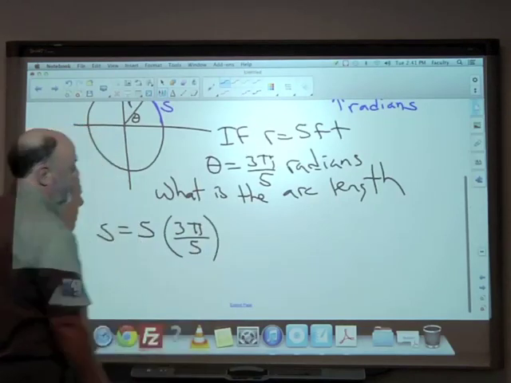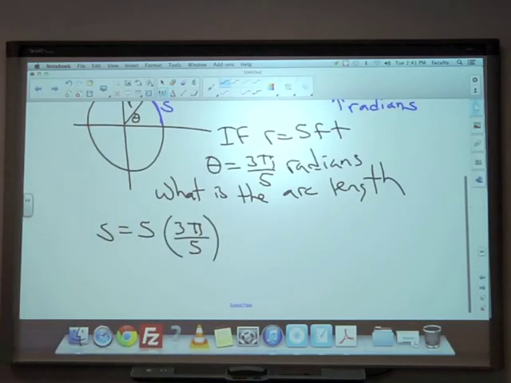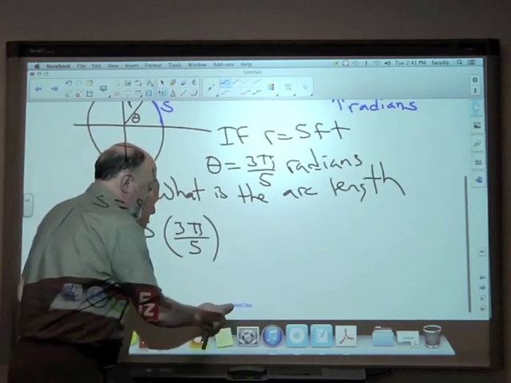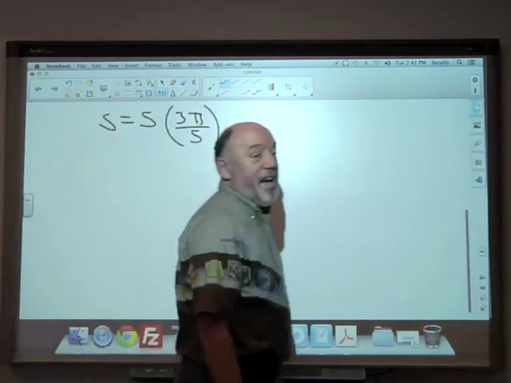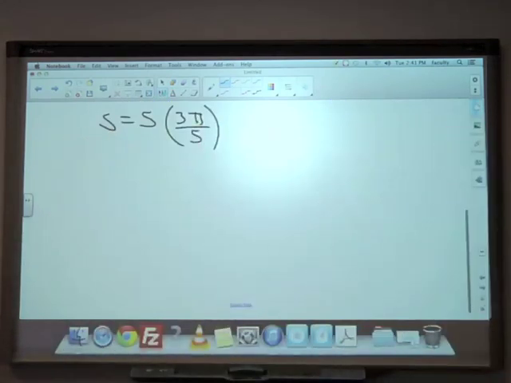So as a matter of plugging that in, you end up with 3 pi, and you're going to end up on the order of 9.42 and change. Depending on whether they want the exact answer or they say round it to the nearest whatever.